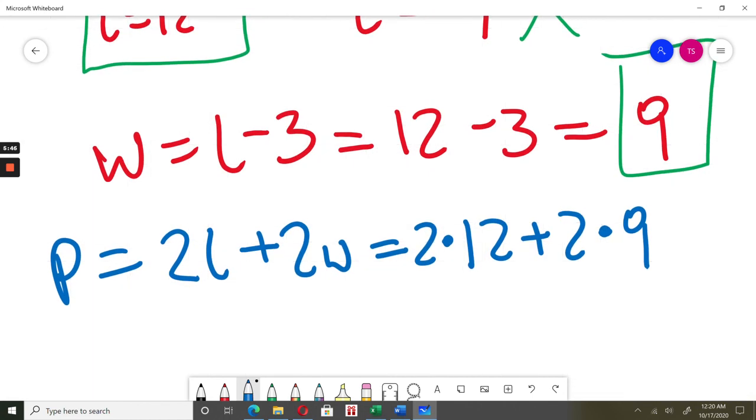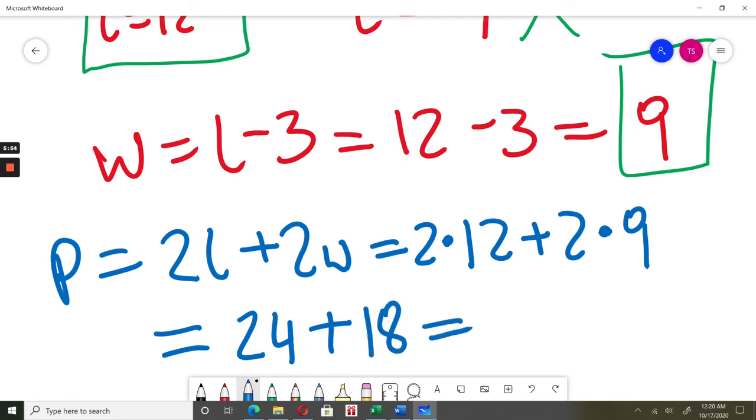So perimeter will be 2 times 12, which is 24, plus 2 times 9, 18, which is equal to 42 inches. So the answer is 42.